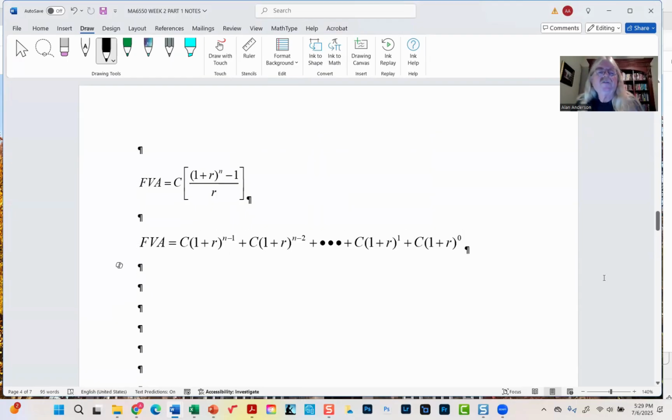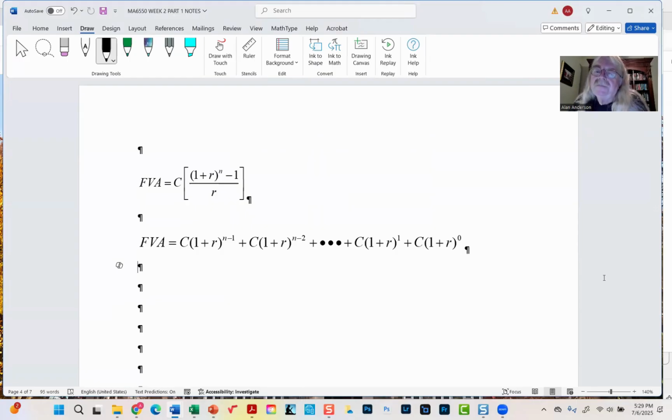Keep in mind, with the future value of an annuity, each cash flow is being invested every year until year end comes along. That's what we're assuming, by the way. With an annuity, there's an implicit assumption that all the cash flows are being reinvested in something else that's giving us the same rate of return.